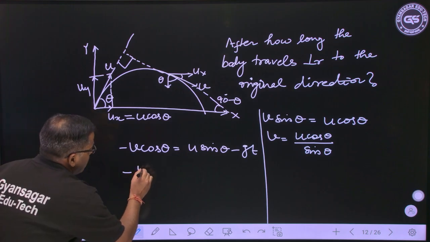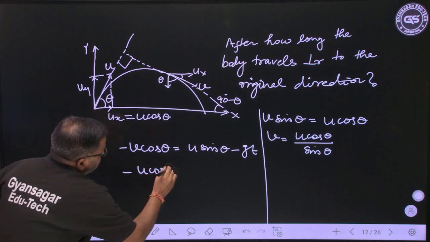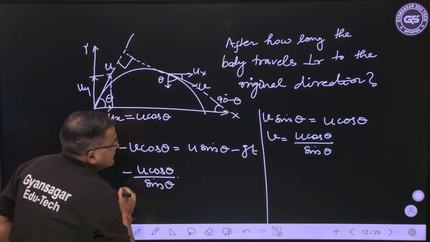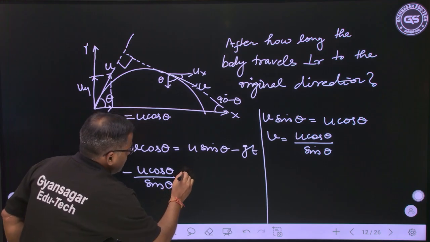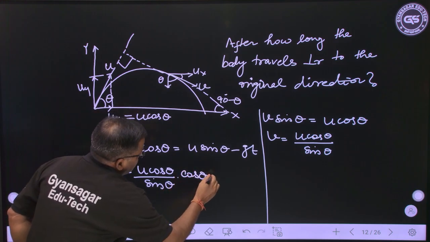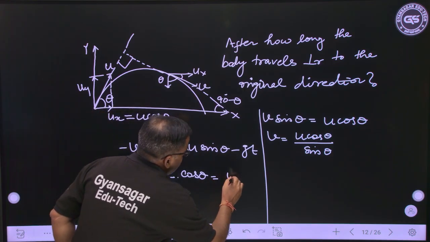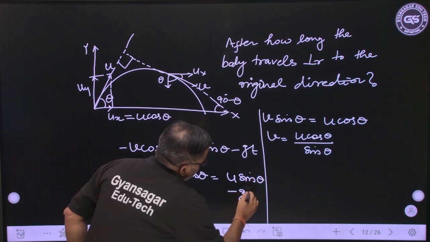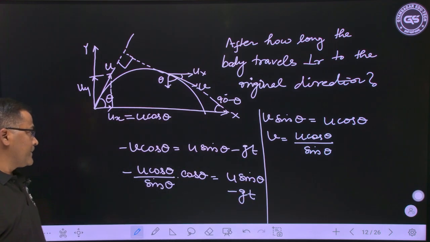So minus u cos theta by sin theta into cos theta equal to u sin theta minus gt.